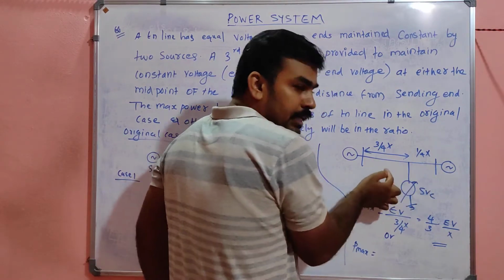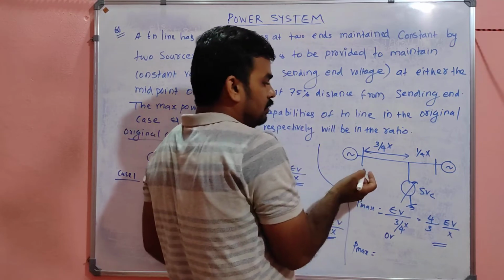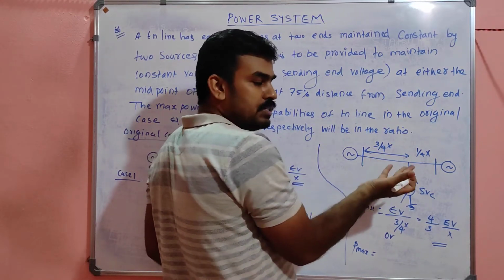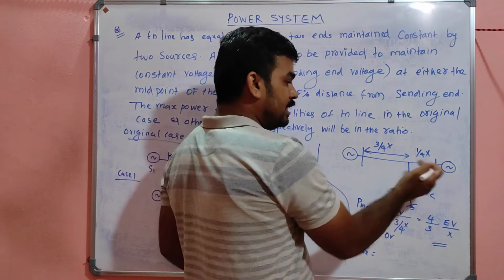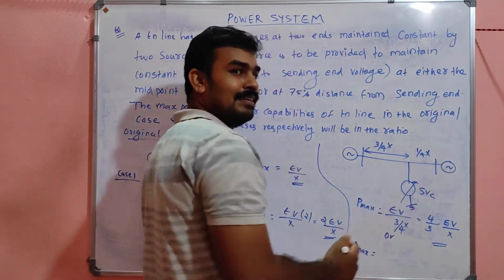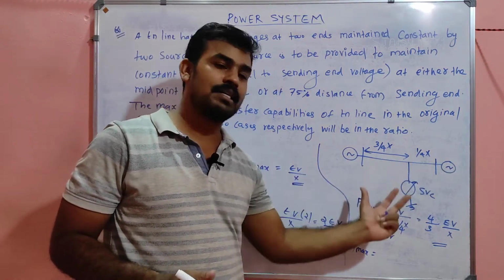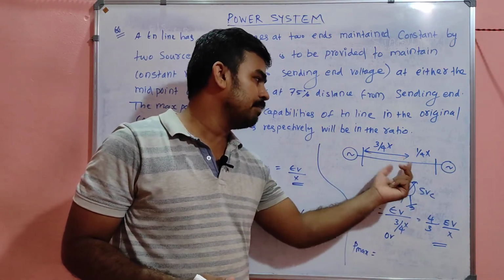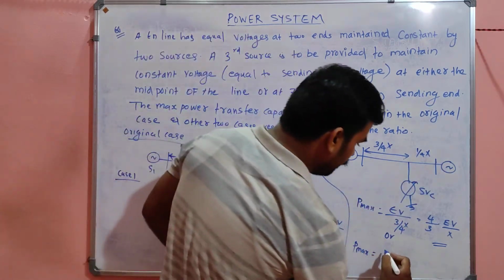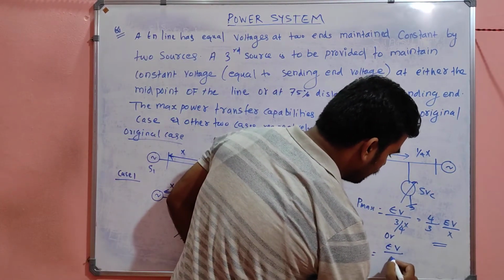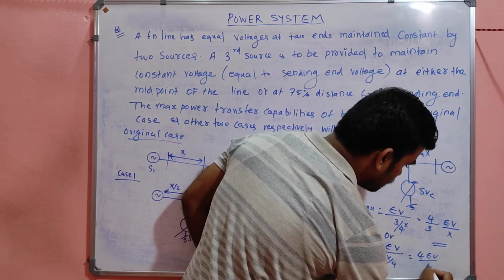The SVC is placed at 75% from the sending end, but these two are sources, so from the other end you can also take it. It will be EV divided by X by 4, which is 4 into EV by X.